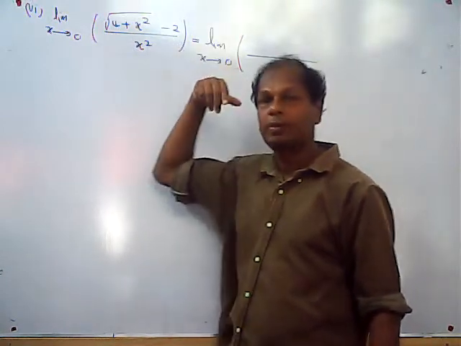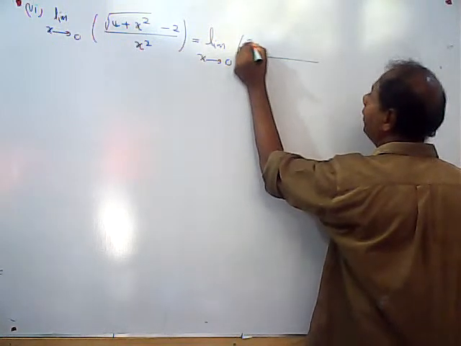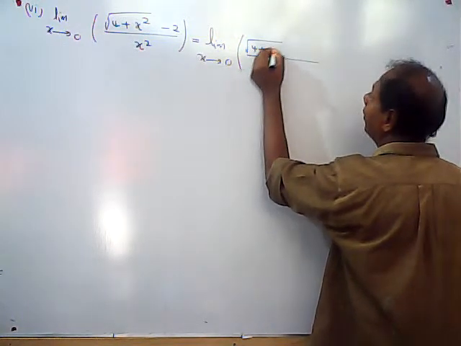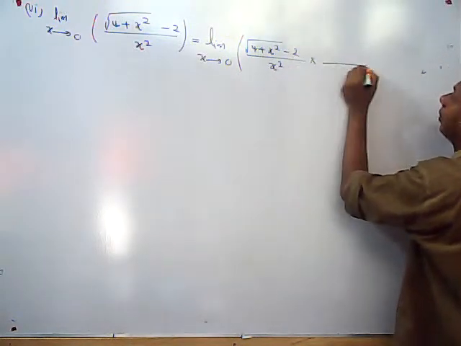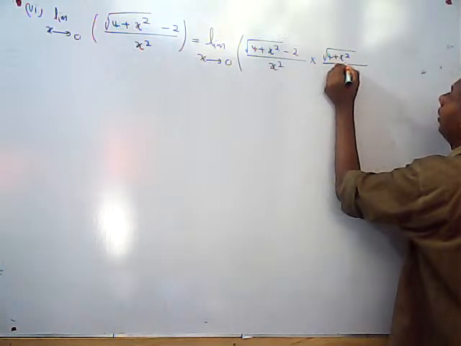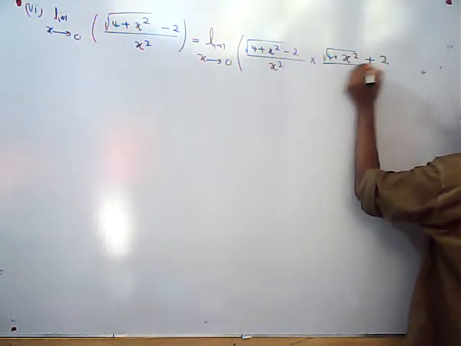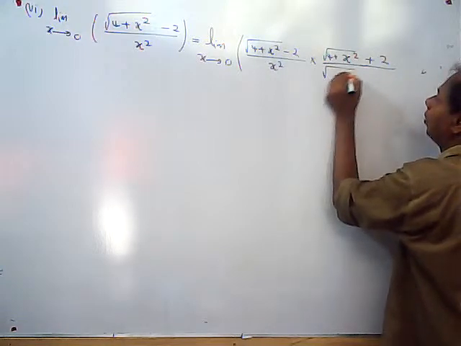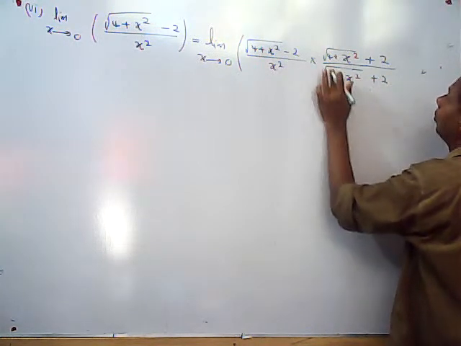So this will be multiplied and divided by root of 4 plus x squared plus 2 divided by root of 4 plus x squared plus 2.